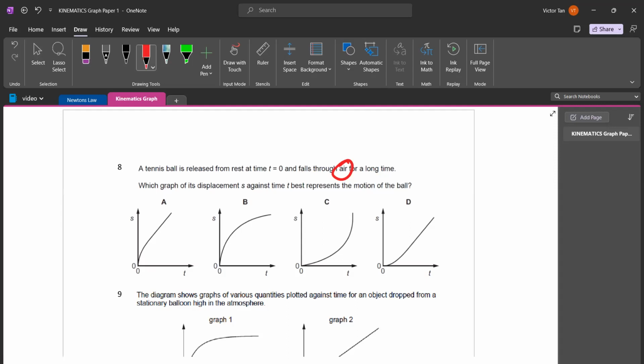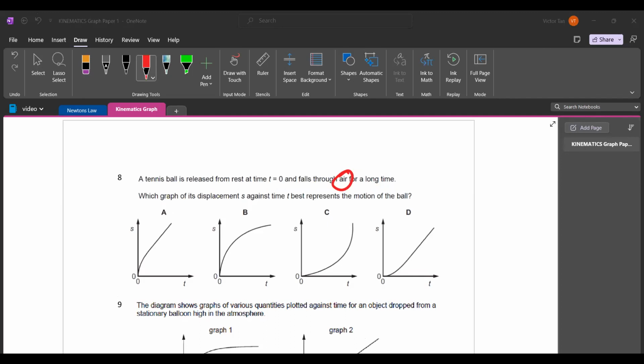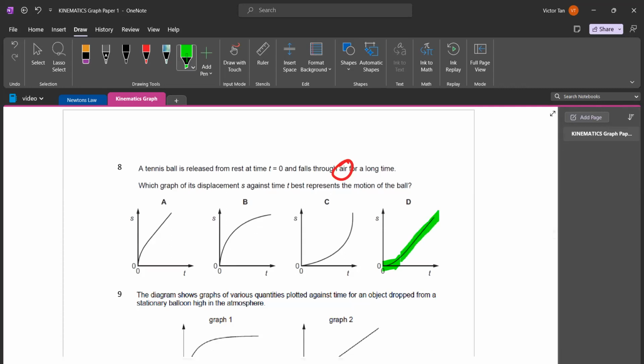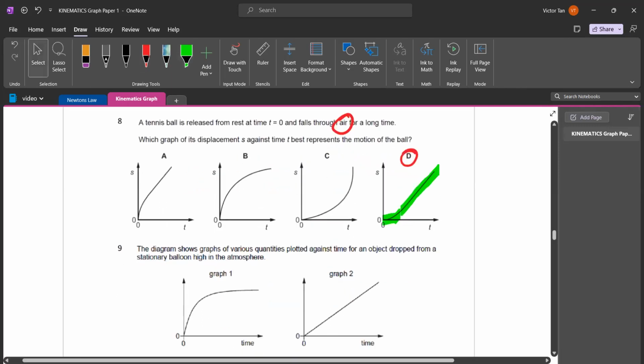So at the terminal velocity, the gradient of the graph must be a straight line because the velocity is constant. So the only graph that shows an increasing gradient and finally a constant gradient.